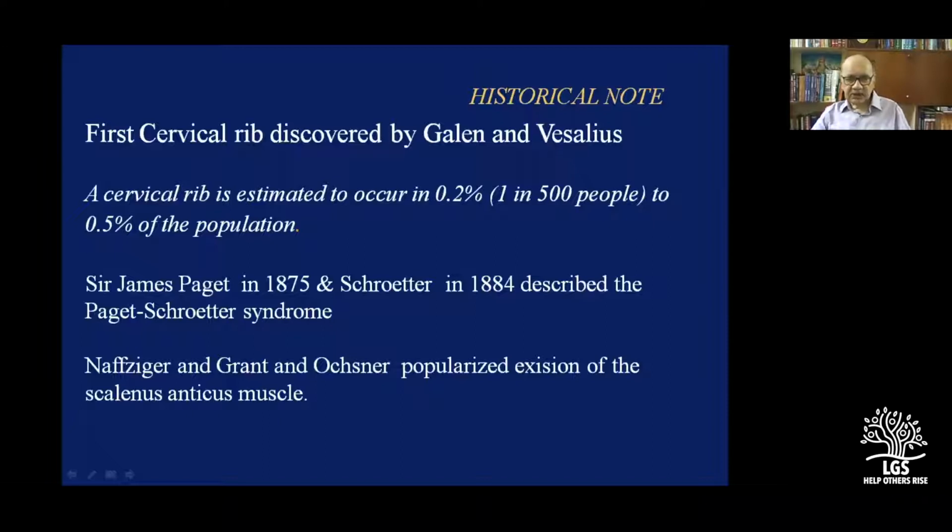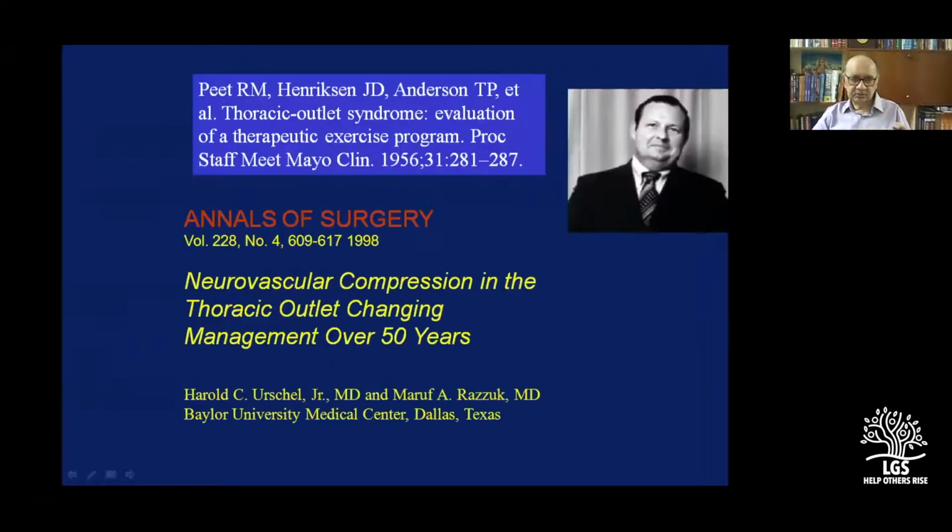So now we have realized there are compression syndromes compressing the subclavian artery, and the main compressors are the bony structures and the scalenus anticus. The scalenus anticus is histologically of two different varieties, and excision of the scalenus anticus muscle is better than tenotomy.